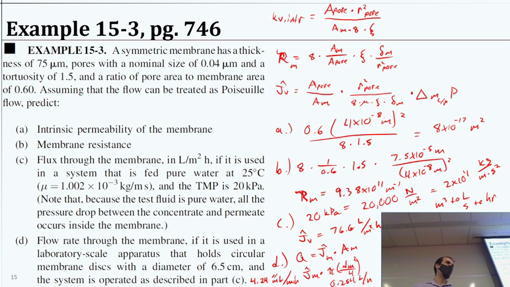If you're keeping a constant pressure applied to it, then yeah, you can look at how your flux changes over time, and you'll notice your flux starts decreasing over time, and that'll be directly related to the resistance increasing. And the way that the resistance increases will depend on what type of fouling. Like if it's just the cake layer, it does a certain way. If it's including all the pores inside and clogging those, we'll get into it a little more.